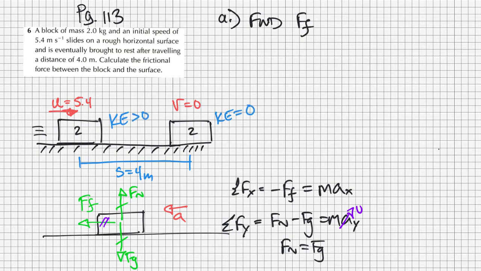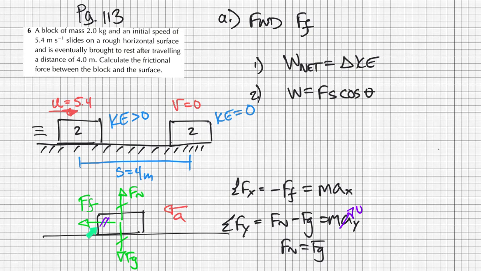What we can say is that the net work is going to cause a change in kinetic energy. So here's equation 1. And equation 2 is the idea that work equals force times displacement times cosine theta.